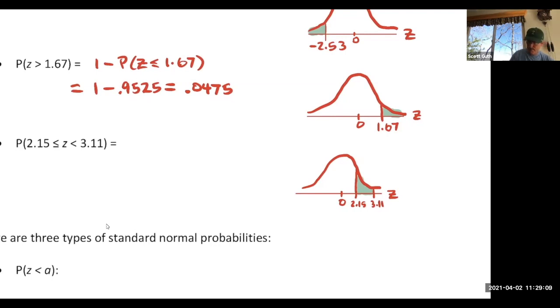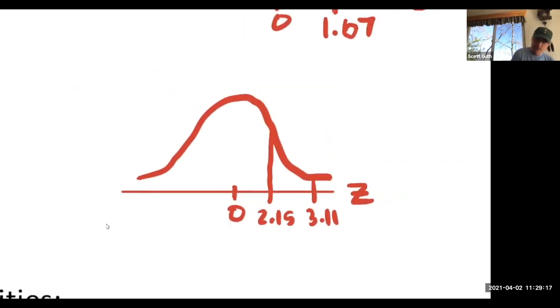Maybe I should have done the picture this way. So this might be more instructive. I'm just changing my shading. So let's see, if I was to shade the area to the left of 3.11, it would look like this. And of course, when you look up 3.11, that's what you get, what I've just shaded in green.